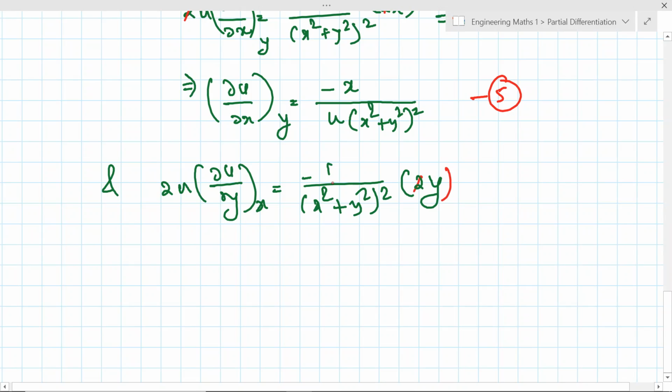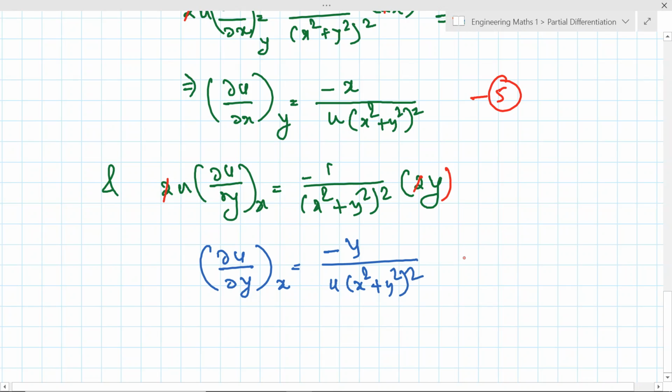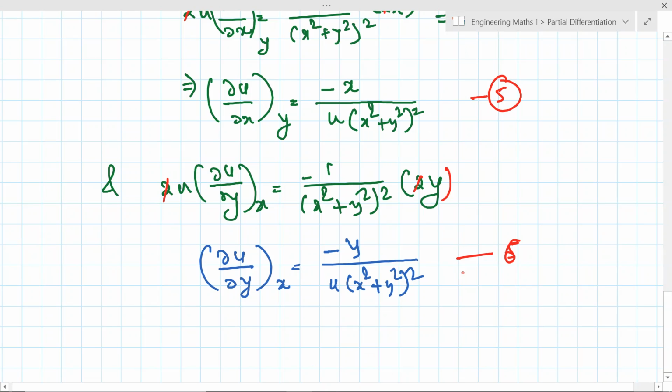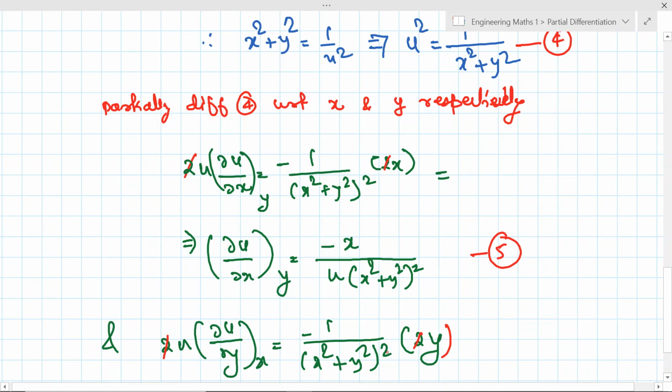Again the 2 cancels on both sides, and del u by del y, treating x constant, is nothing but minus y divided by u into (x square plus y square) whole square. Call it equation number 6. This is the partial derivative of u with respect to y treating x constant. Now we have all the terms.